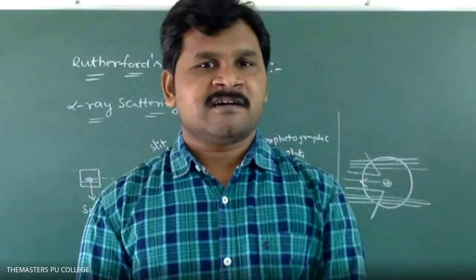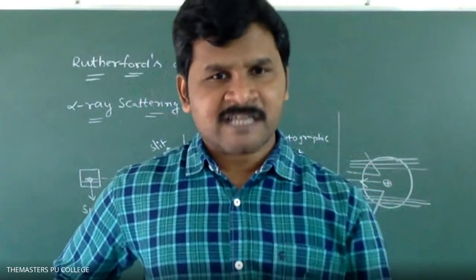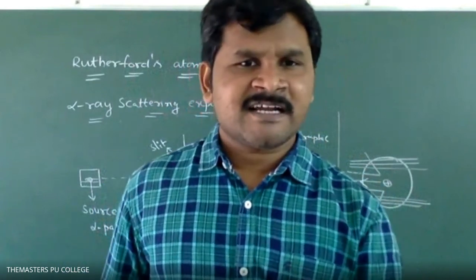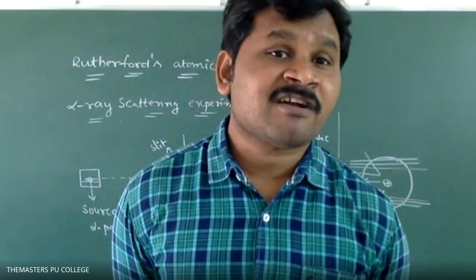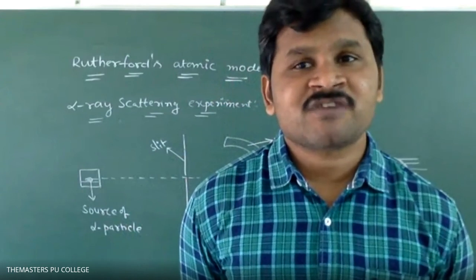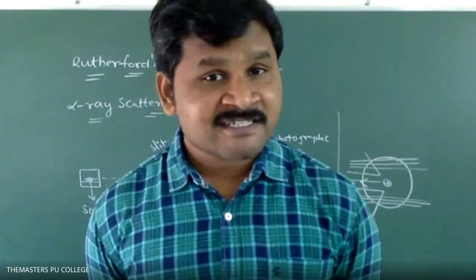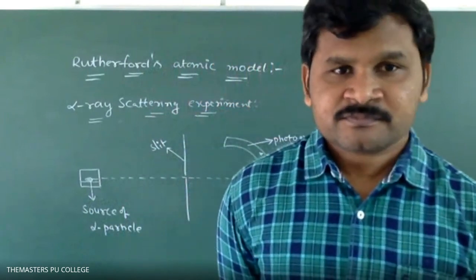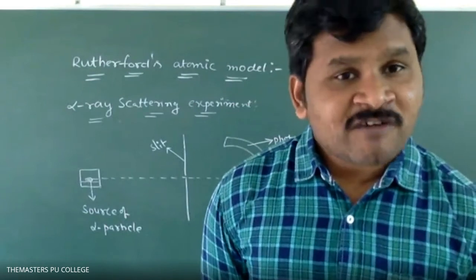Next, what is the arrangement of electrons around the atom? Electrons revolve around the nucleus like planets revolve around the sun. That's why he compared his atomic model with the solar system model. Next, according to the Rutherford atomic model, the mass of the atom is due to what?